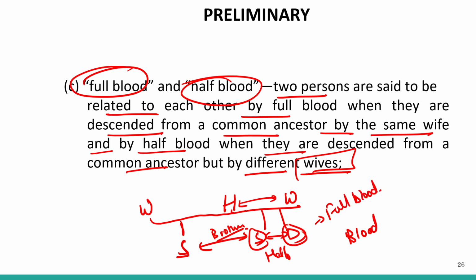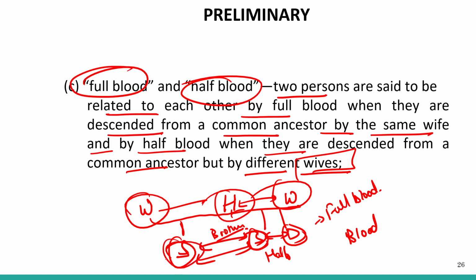They are full blood because they are coming from the same ancestors. But when you talk about different wives, the ancestors have changed. So now this particular son is obviously the brother of this particular person because the father is the same and the wife is different, but it will not be considered full blood because the mother is different in both cases.